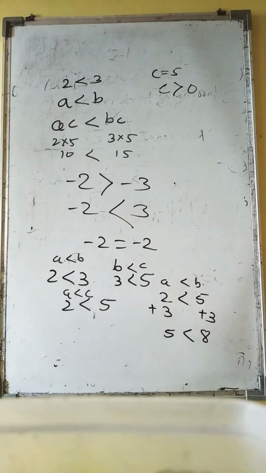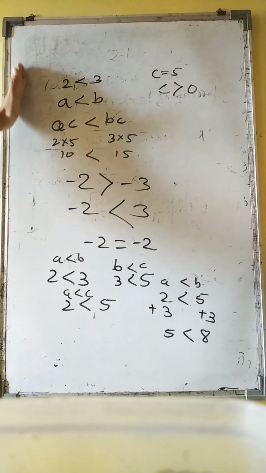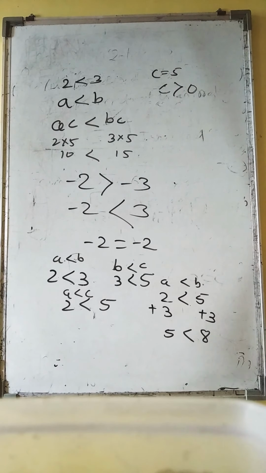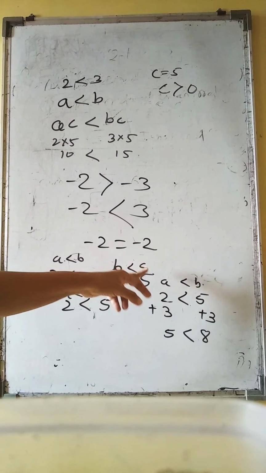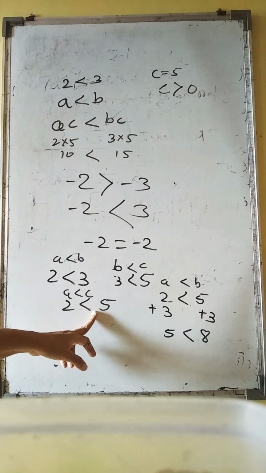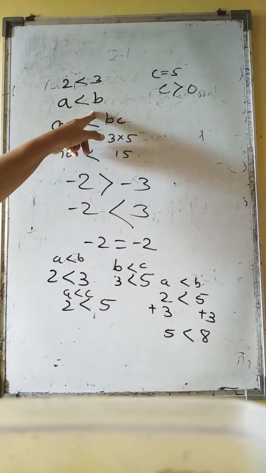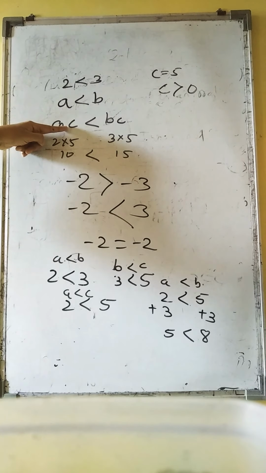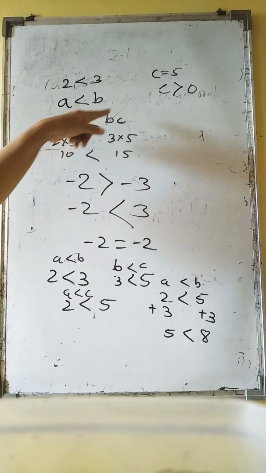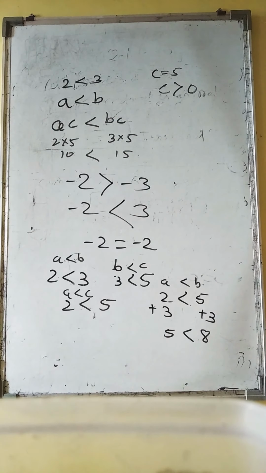So still the inequality holds. So these are the properties of the rational, irrational numbers. In short, about the real numbers: first property, inequality holds. Second property, if A is less than B and B is less than C, then A is less than C. Third property, if A is less than B, then in multiplication AC is less than BC provided C is positive.